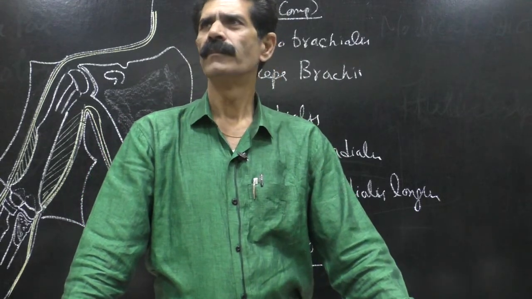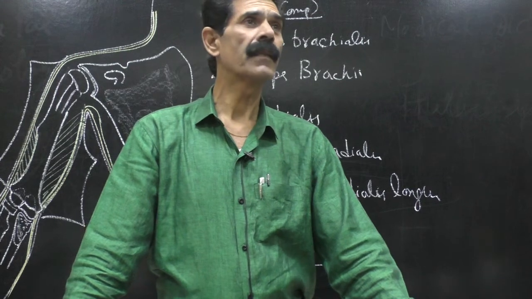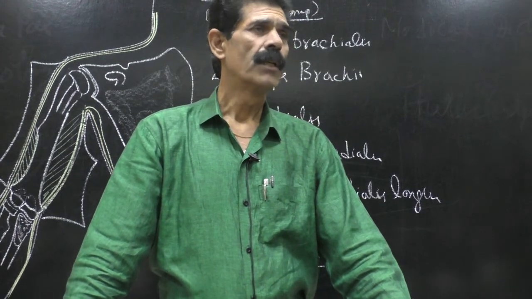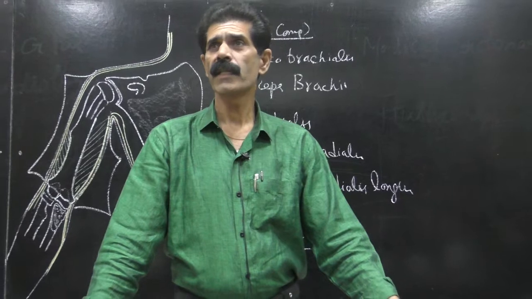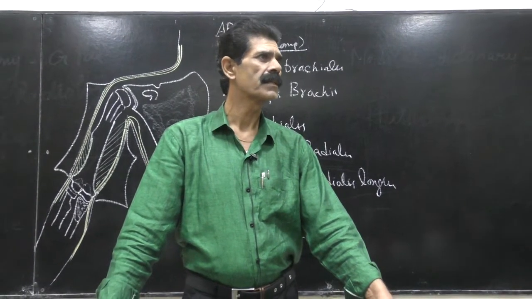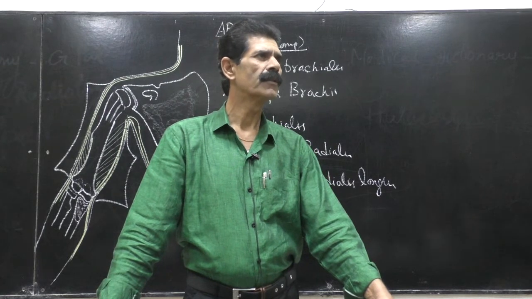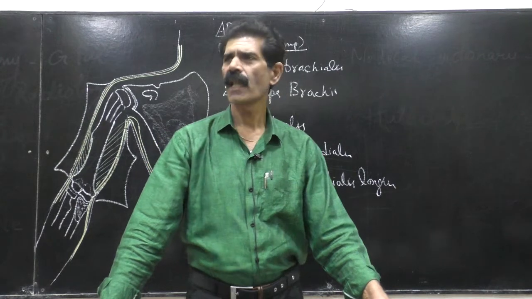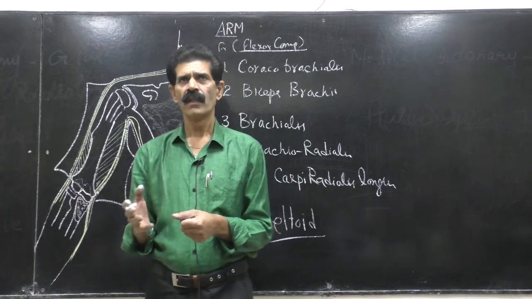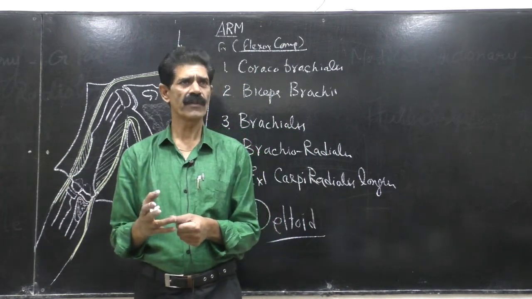Go into the name; the name is telling so many things. Coracobrachialis means it is concerned with the coracoid process of the scapula, and brachialis refers to the arm, the bone of the arm, that is the humerus. So this muscle has some relation with the scapula and the humerus.